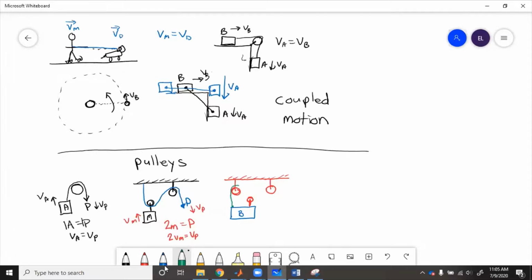It goes over this pulley, under this one, over this one, and then somebody's pulling down.